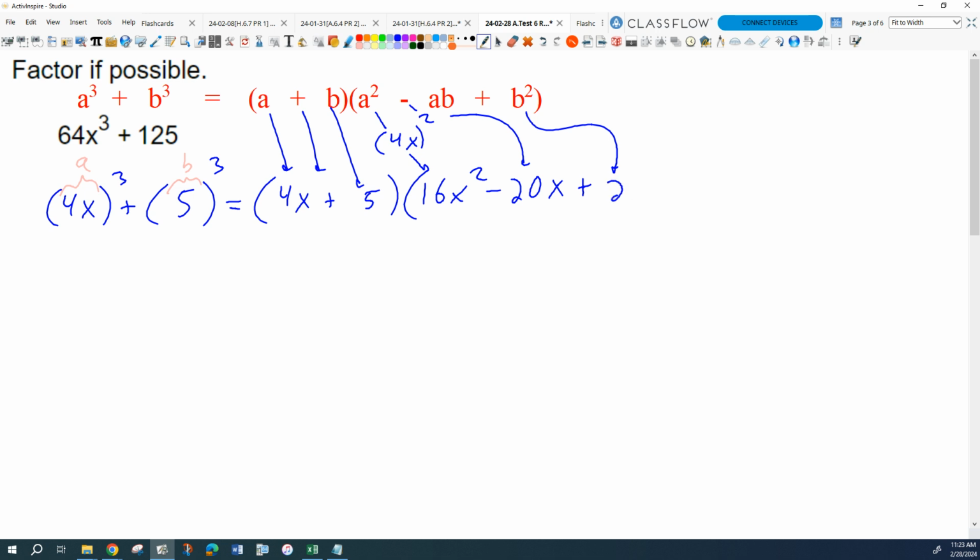So 25. Okay, everybody good? It's factored. Now, should I try to factor that trinomial? No, right? Remember, when we use these patterns, the quadratic part that we get, the big factor, is never factorable. It's an irreducible quadratic.